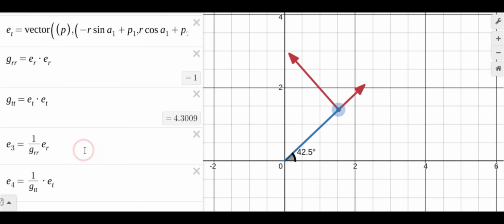Now, DESMOS will not let you do superscripts as indices. When you do a superscript in DESMOS, it's an exponent. So you just have to make up some other names for the variables. So E3 is actually the contravariant basis vector ER. So this should be E, the super R. It won't let me do that. So the way we raise this index is multiply it by the metric tensor components.